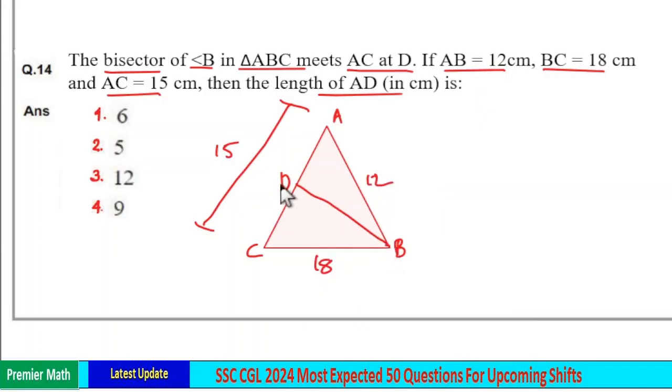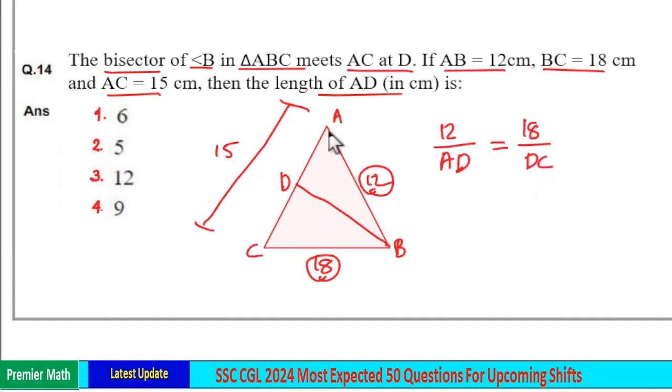Now, this is a bisector. So, whenever a bisector meets the base, the ratio of the corresponding sides are equal. That is, here 12 divided by AD is in the same ratio as 18 divided by DC.